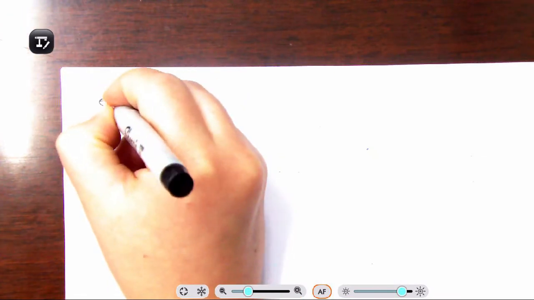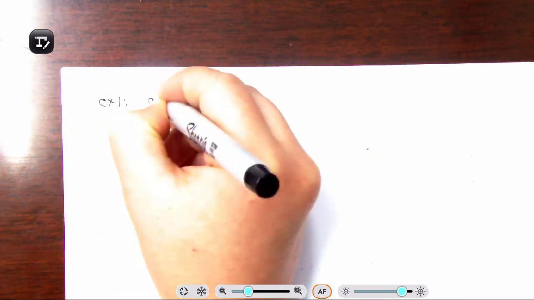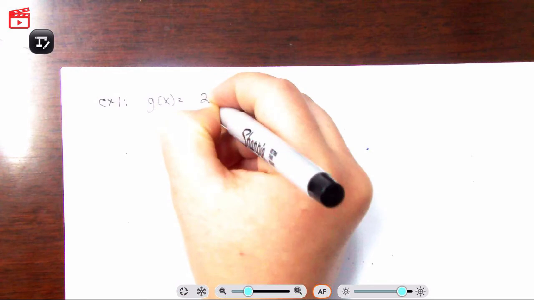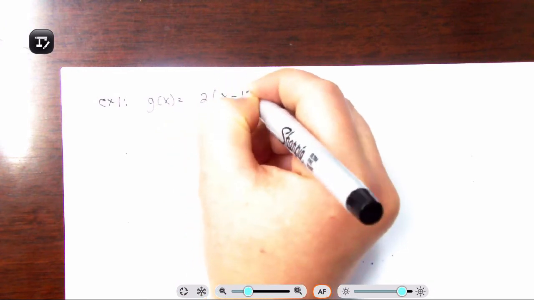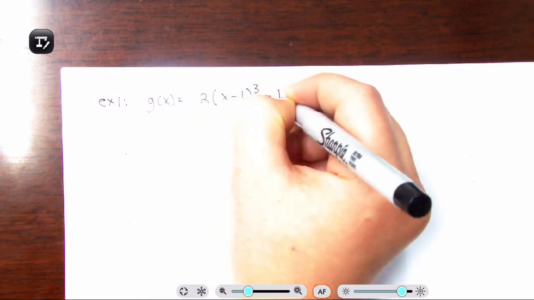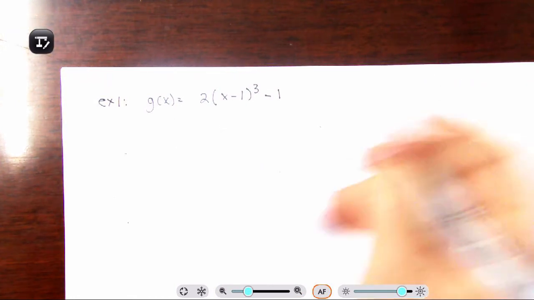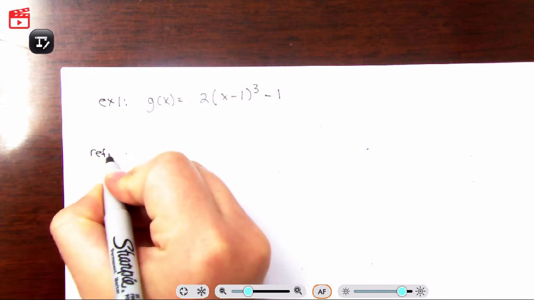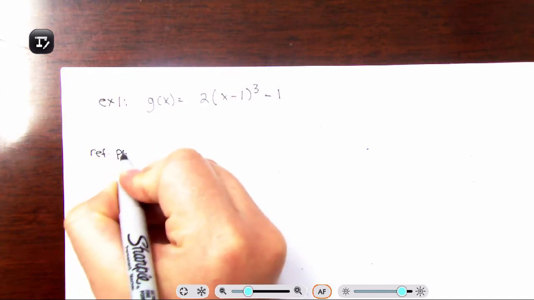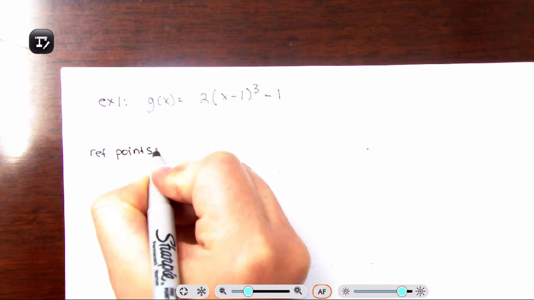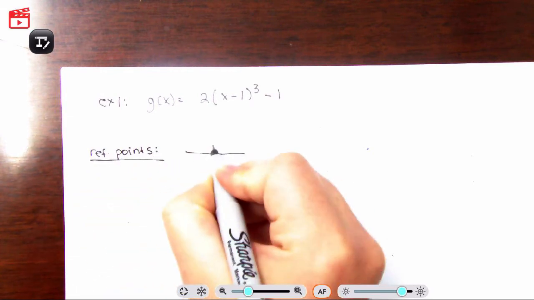Example number 1, we have g of x is equal to 2 times (x minus 1) cubed minus 1. We know that we have our parent reference points. And you need to know what they are.